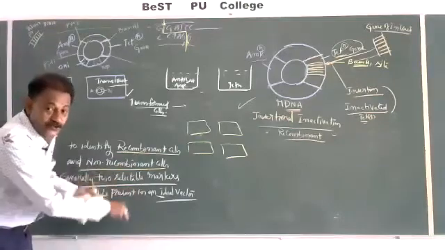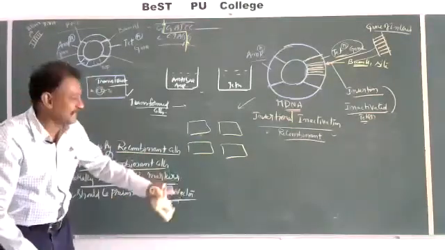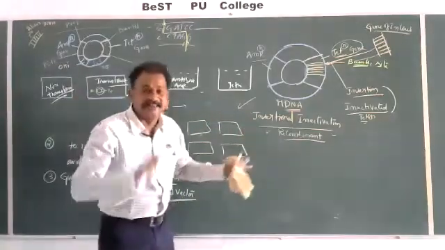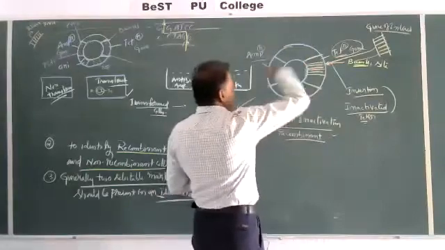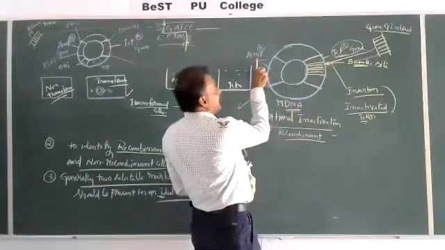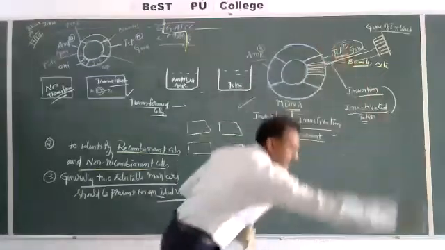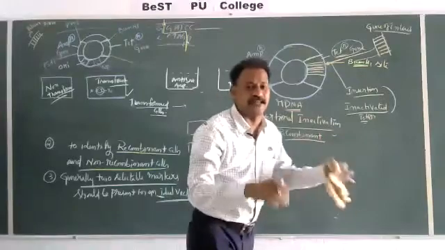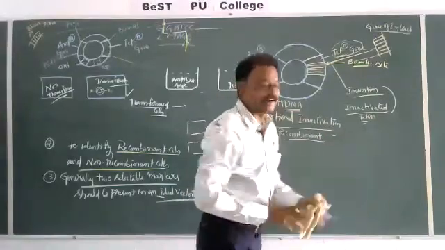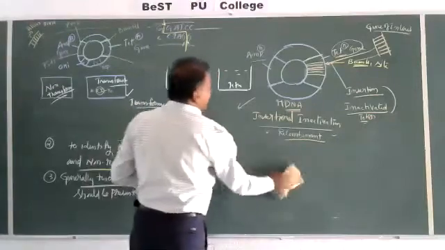My dear students, what is a recombinant? A recombinant cell is one which consists of a plasmid with the ampicillin resistant gene, and here the tetracycline resistant gene has stopped its activity. Now, how to identify which is a recombinant and which is a non-recombinant?